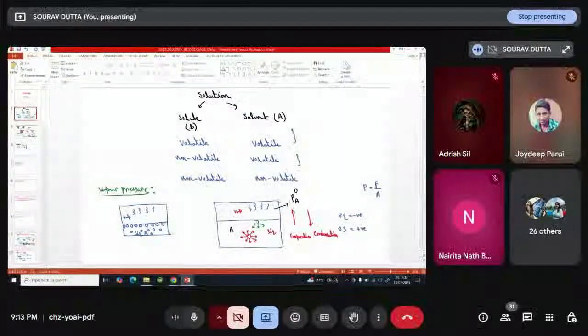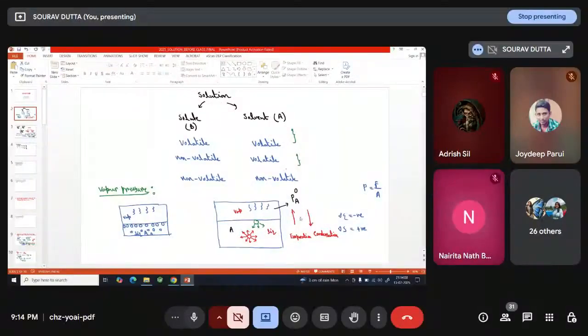And when it comes back from the vapor phase to the liquid phase, that is condensation. So at a particular time, the rate of evaporation and the rate of condensation will be the same. That means they are in equilibrium.